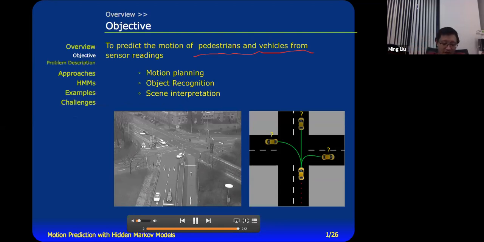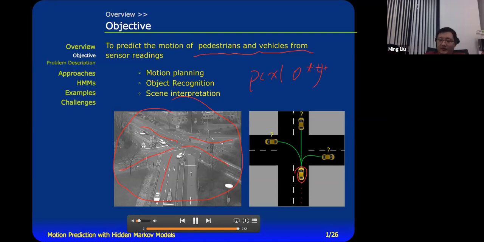Especially if you have a camera set at a traffic crossing with multiple roads, this is a complex crossing. We want to predict what will happen to this car in the next step. We don't want to do the prediction purely based on Ot.